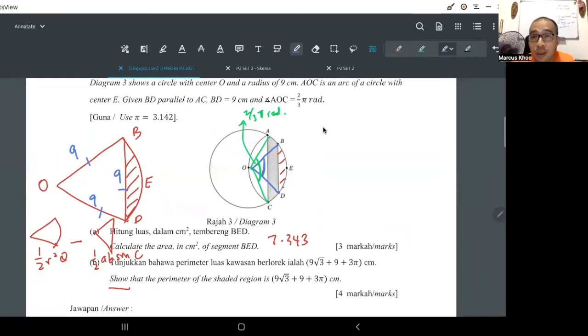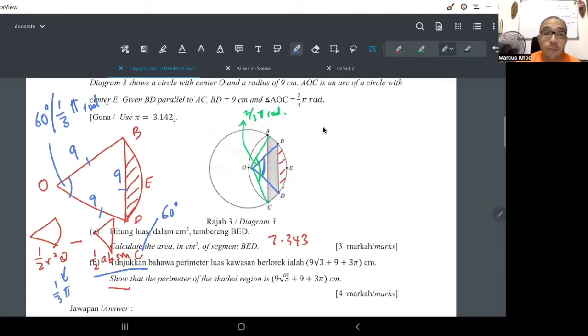And in all equilateral triangles, the angle is 60 degrees or 1/3 pi radian. So for this formula, obviously you use 60 degrees. For this formula, you use 1/3 pi.